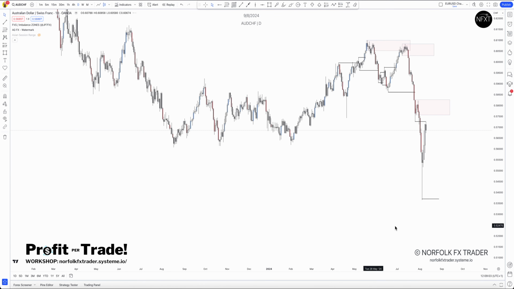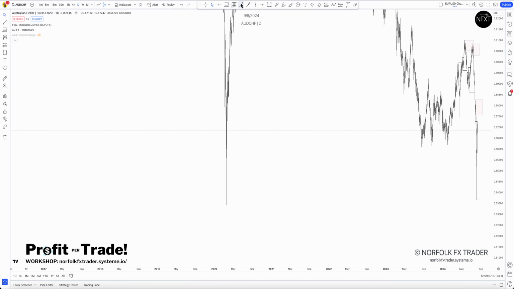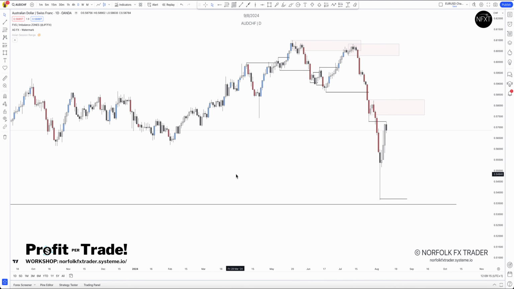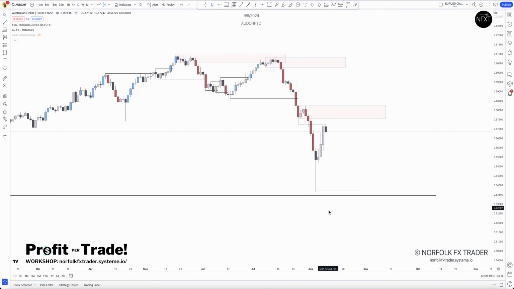And then we look to see, do we have a sweep? Well, we do have this low back here, but we don't sweep it. So this creates an area of demand that we're currently bouncing out of. So that's the Audi Swiss franc. Again, we are bearish, but we're bouncing up out of demand.